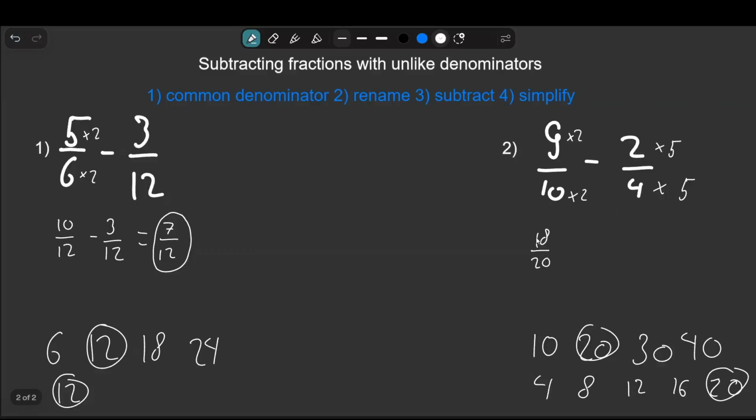So 18/20 minus 4/20, like this. Now we can just subtract the two. So 18 minus 4 is 14, and we leave the denominator as it is, 20.